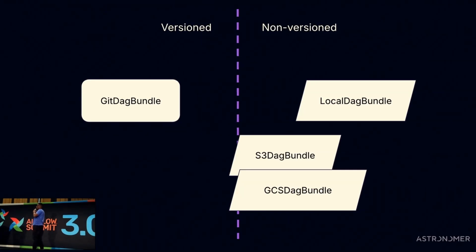Then we also have the S3 Dag bundle and GCS Dag bundle, both of which allow you to give Airflow a path to a bucket in S3 or GCS, and Airflow will go there and get the Dags for you. The S3 bundle and GCS bundle are not currently versioned, but there are plans to version both of them. One thing is that you can combine all these bundles in one Airflow environment.